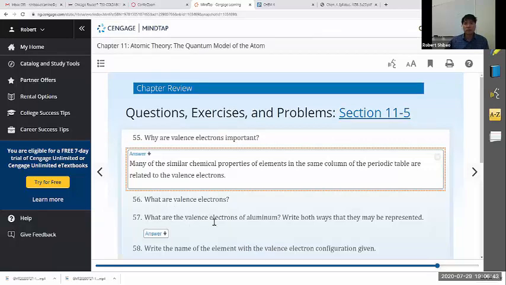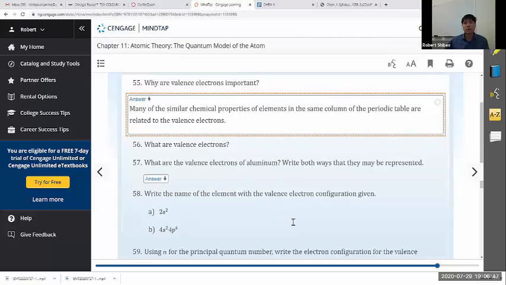What are the valence electrons of aluminum? Write both ways that they may be represented. For these types of problems, it's best to have a periodic table. So we can see this position.